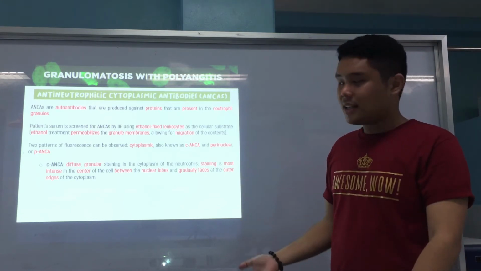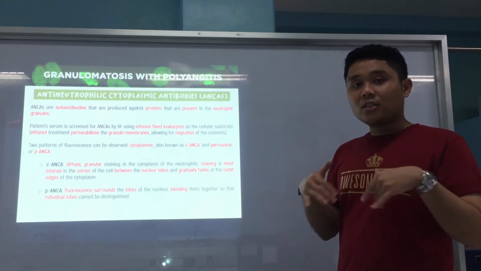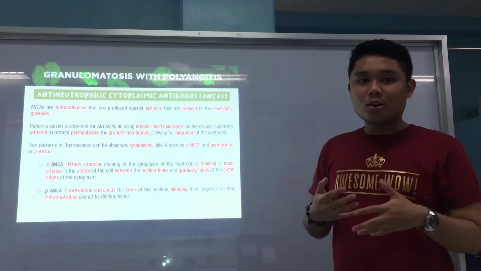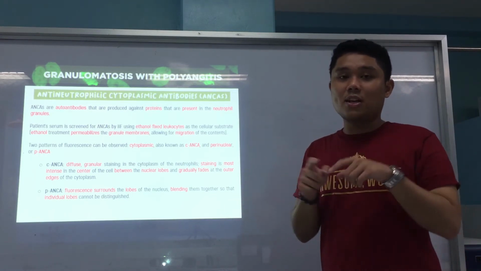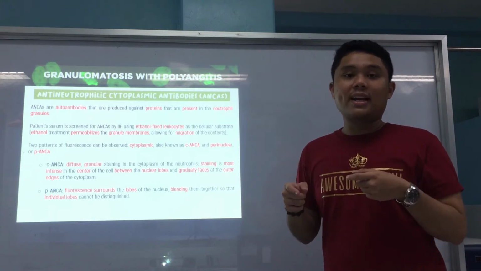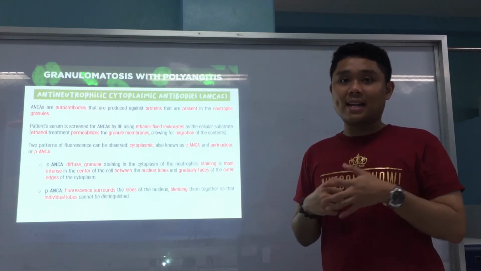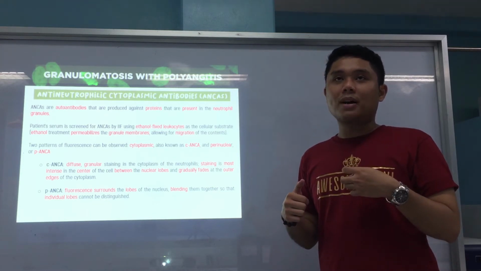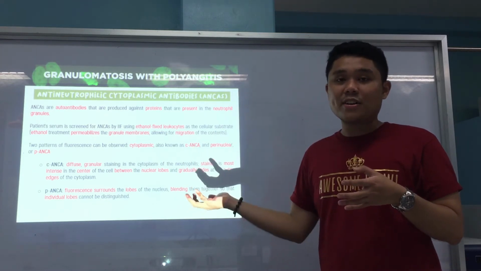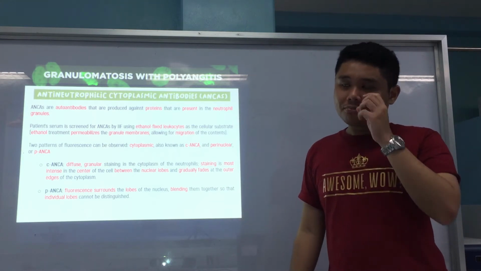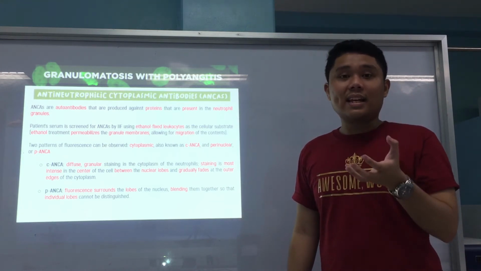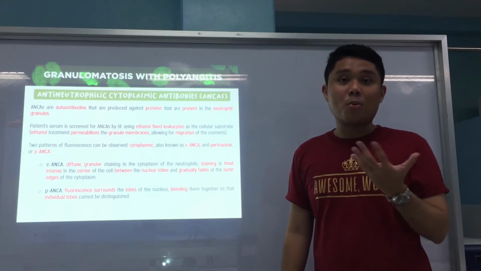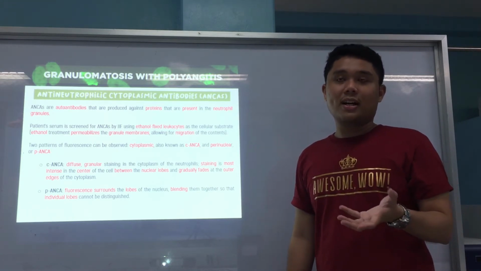In contrast, the peripheral pattern is surrounding the lobes of the nucleus and blending them together so that individual lobes cannot be distinguished. So the staining for peripheral ANCA is around the lobes. Now for P-ANCA, since it is IIF, you can mistake it for the staining pattern of dsDNA, as it is homogeneous.